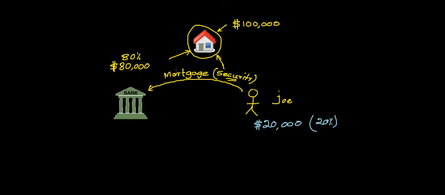That is the security, the mortgage document. So the bank is going to take the mortgage from Joe.